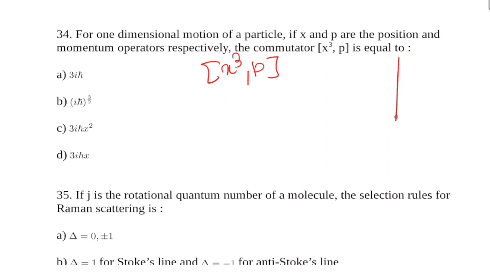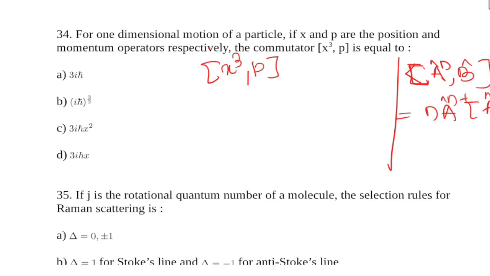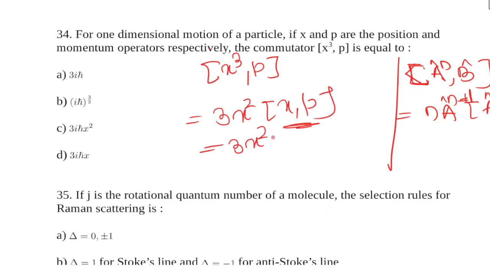You should remember for any two operators, the commutator of A^n and B is equal to n A^(n-1) [A, B]. So here, 3x square times [x, p], and [x, p] we know is i h cut, so it is 3x square i h cut. So C is your correct option.